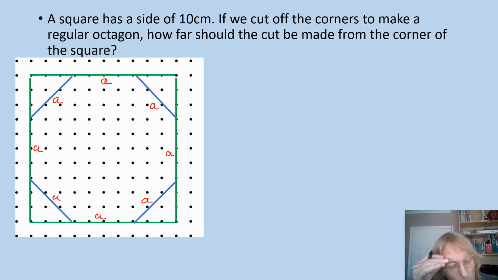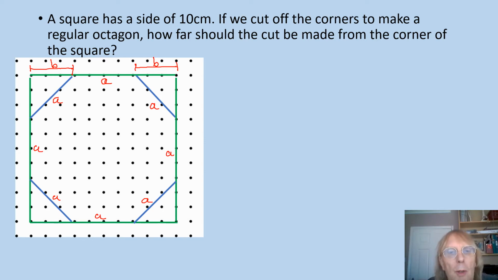Now that's one length we need to find. But it's not the one that we're after. The bit we're actually after is this bit here, which I'm going to call length B. And that's from both sides. So B is the length we're going to come in to cut. Length A is the length of the octagon, and B again is the side to the corner.